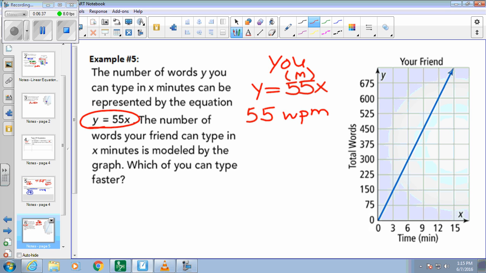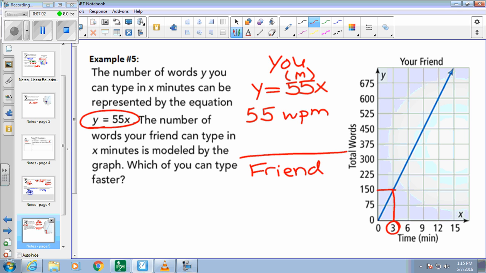If I look at the graph, if you notice on the x-axis, they don't have time in 1 minute anywhere, so I'm going to have to come up with my own constant of proportionality. So I'm just going to start with the 3, draw up to the line, and go over to the corresponding y value. And for my friend, I could figure out how many minutes it takes.